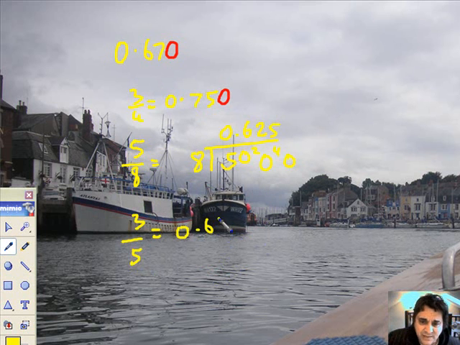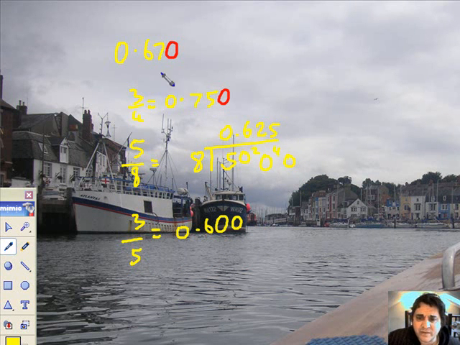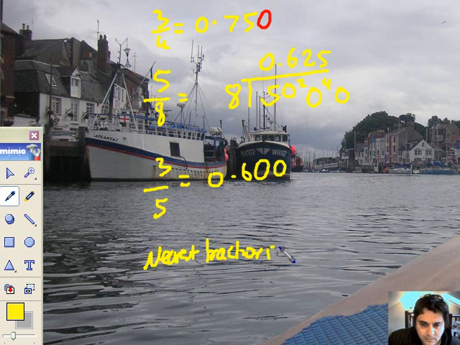It's 0.60, isn't it? And another 0 if you must. I think 0.625 is nearer to 0.670 and certainly nearer than 0.750. So the nearest one is 5/8 because 5/8 is 0.625.